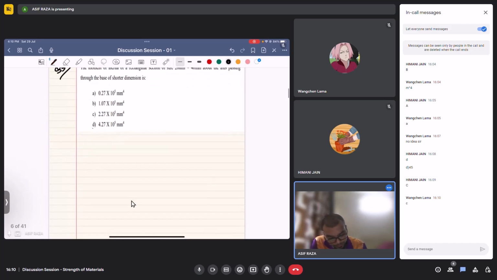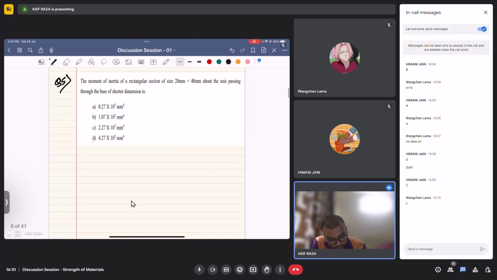Okay. So the given question is we have a rectangle of size 20 mm by 40 mm and the axis passes through the base of shorter dimension.